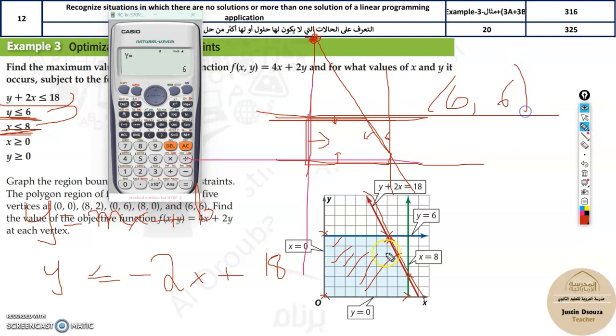So this is one endpoint over here, I believe. Yes, it's 6 comma 6. And what about the other endpoint? We came from this basic graph that it's going to touch the x axis at 8. So the first equation remains the same. The coefficient of x is 2, y is 1, 18. The x value over here is 8.